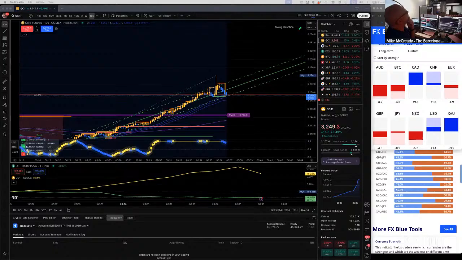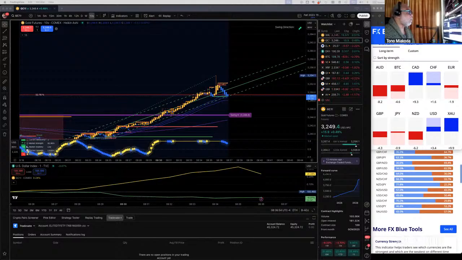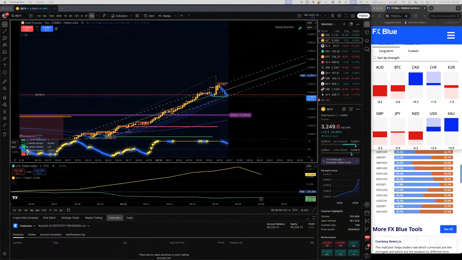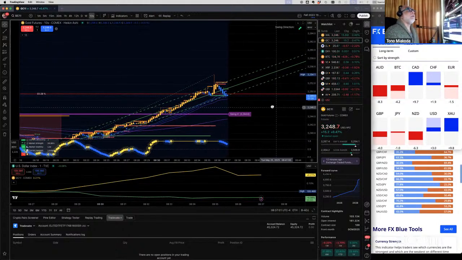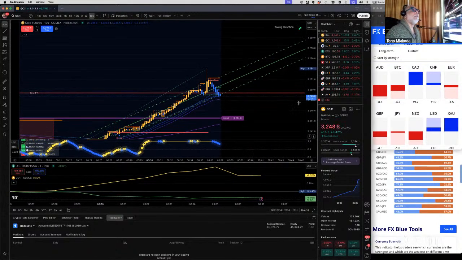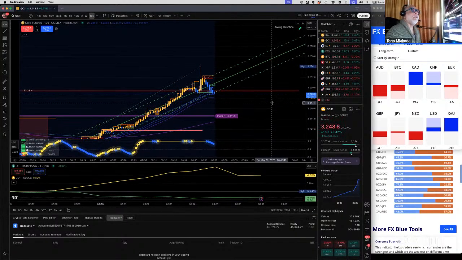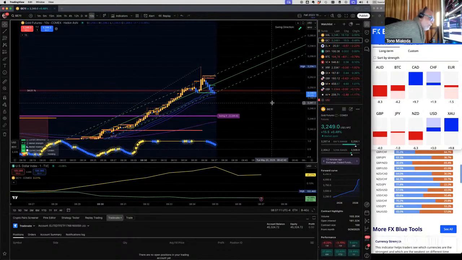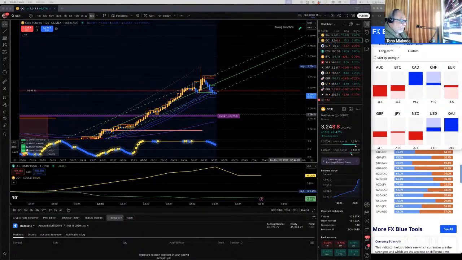So now we did blast through the MPP and came up and hit the DR1 with that wick. What are you looking for in order to place a buy? I'm looking at the resistances on the 1 minute, which it broke, but the 5 minute and 15-minute Heikin Ashis are still holding. The DR1 was stopping it. There's a strong resistance there, and that's exactly what it hit and bounced off.